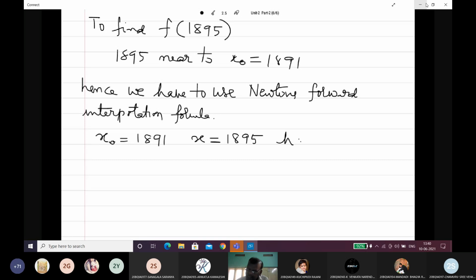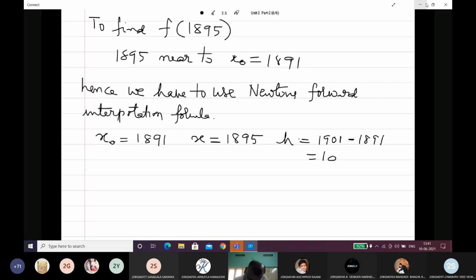Difference of equally spaced, that is 1901 minus 1891, 10. Class interval is 10. H is equal to 10.